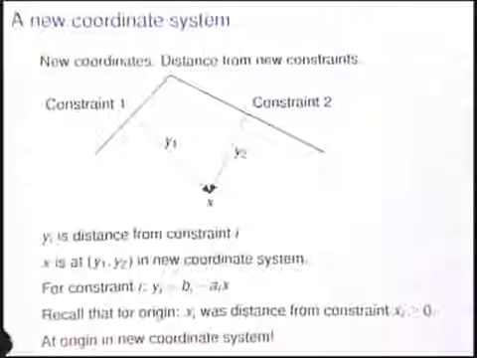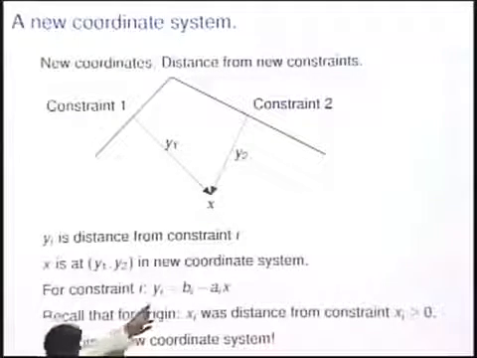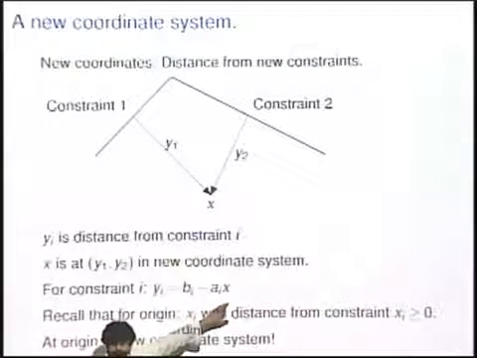The one thing we need to do is rewrite the linear program in terms of this new system. We have these new variables, and we no longer want to use the x_i's.